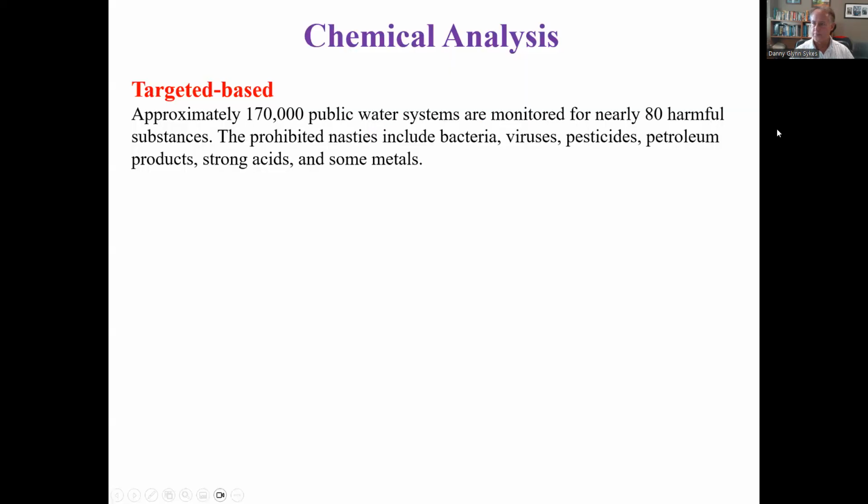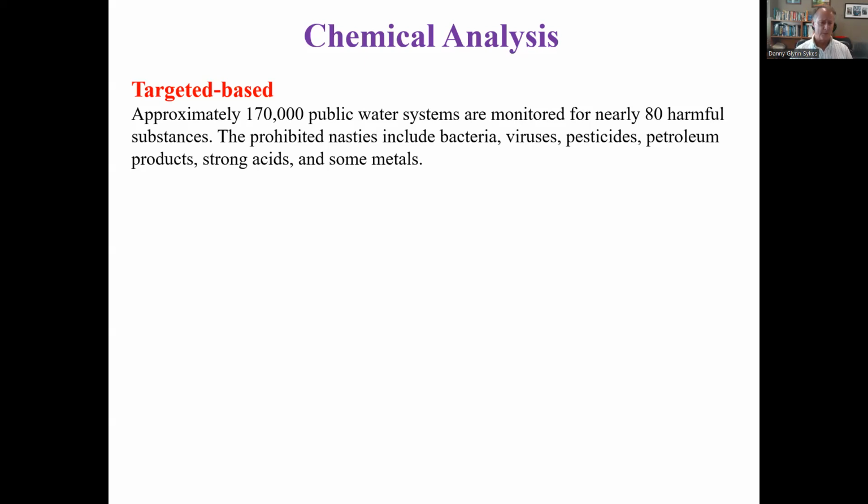Okay, and we're going to start our slideshow. So when it comes to chemical analysis, there are 2 general approaches for conducting chemical analysis. One would be targeted based. I know what I'm looking for, and so I'm going to perform my sample prep with those specific chemical compounds in mind.